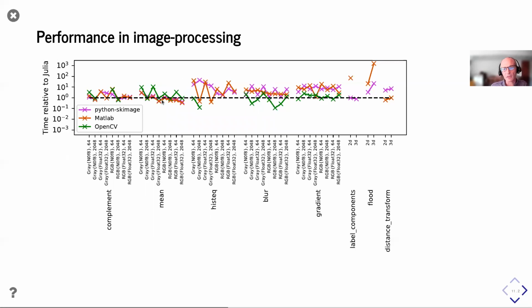And if they're above the dashed line, they're doing worse than Julia. What you can see is that in the image processing domain, when you can apply it, the only serious performance competitor for Julia is this C++ framework called OpenCV. And it truly is an amazingly beautiful package. But Python and MATLAB are often an order of magnitude, sometimes 3 orders of magnitude slower than Julia.